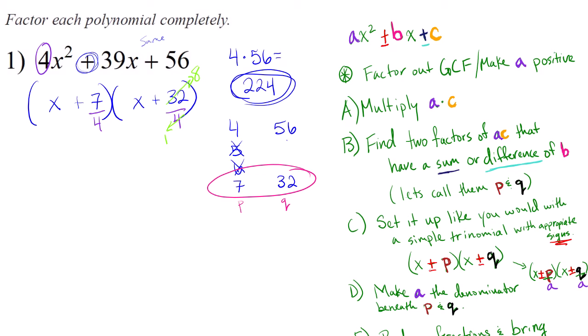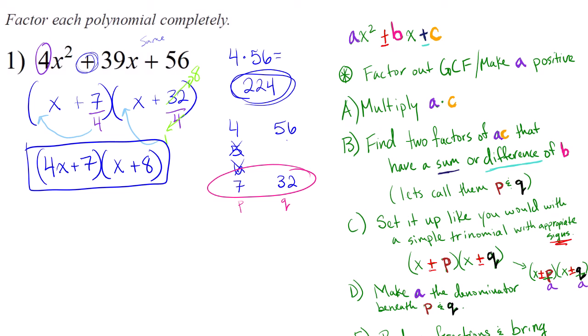Okay, and so the next step is, whatever your new denominators are after you reduce, you bring those to the front, in front of x. And so here we end up with 4x plus 7. And here we end up with 1x, or just x, plus 8. And that's our final answer, okay?